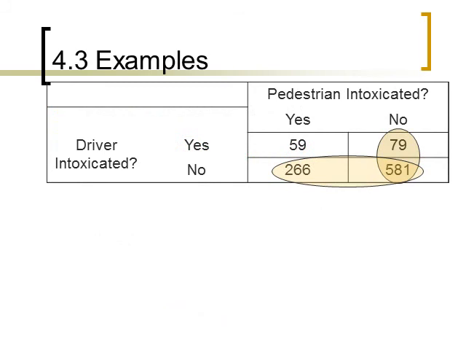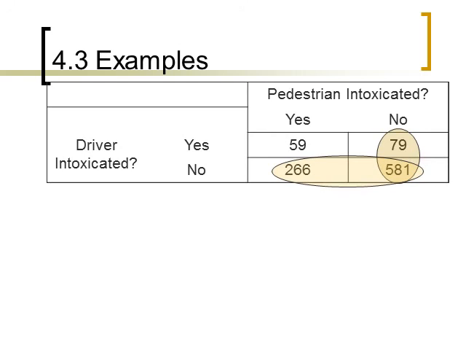Now here's an example where we have a chart given to us, and so let's look at how to read this correctly. We have a table showing pedestrian deaths in car accidents, and so in this table we're looking at, was the driver intoxicated, yes or no?